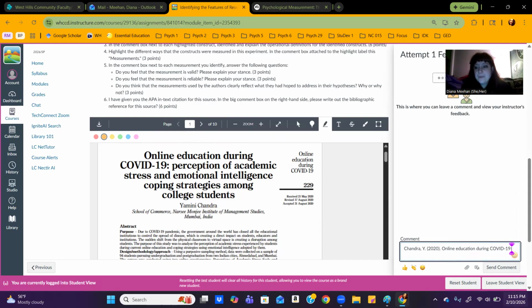That's just the way it goes. We put our colon. The capital P in perception because it's after the colon, so it's like starting a new sentence essentially. So perception, and then the rest of it is lowercase. Of academic stress and emotional intelligence: coping strategies among college students, period.